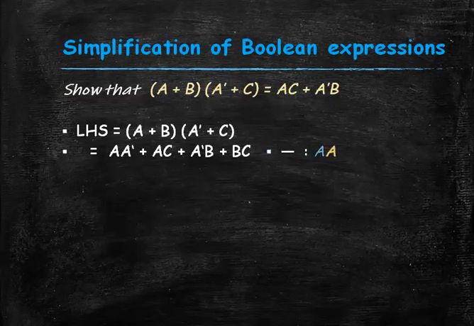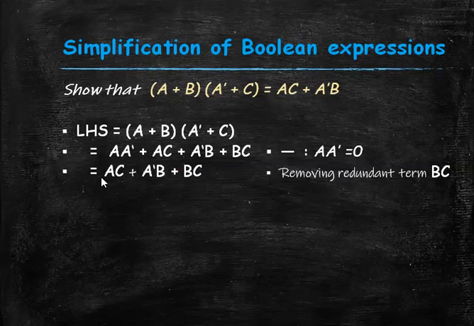Here, A·A bar is equal to 0. And here, look at here, AC + A bar B + BC.